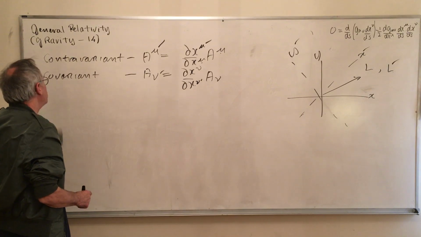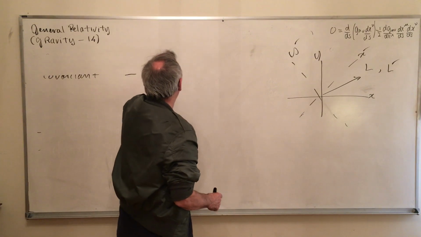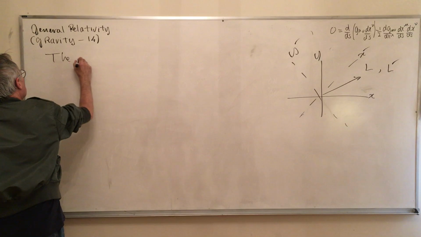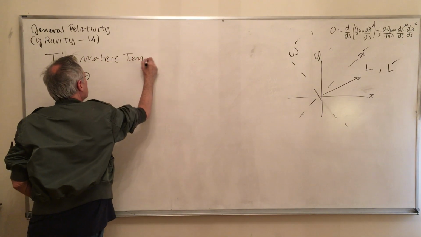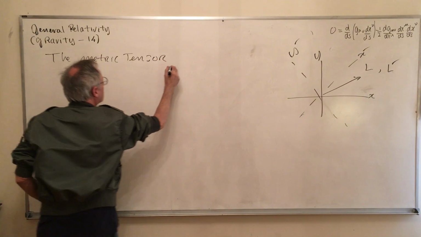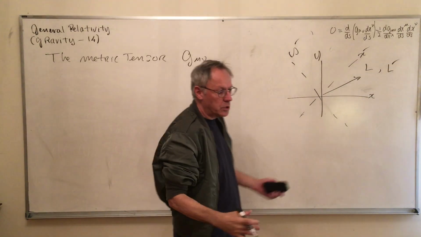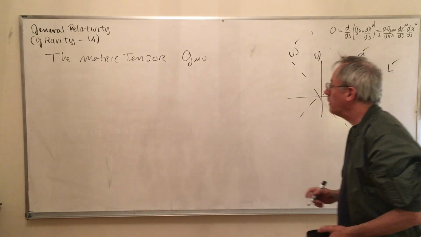Let's look at the metric tensor first. G mu nu is what guys say when they go to a relativity conference. Finally figured that one out.